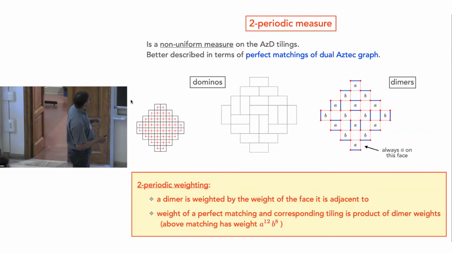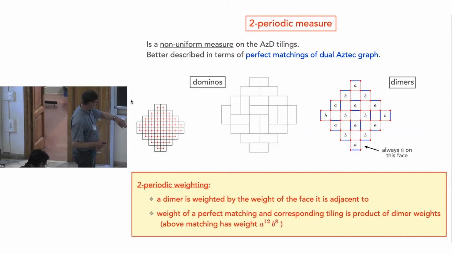Each time you have a domino somewhere, let's say on the top, like here, it will cover exactly two vertices of the dual graph, which you mark as a blue bar, and which you call a dimer. And in this way, a domino tiling is in one-to-one correspondence with a dimer configuration on the dual graph, or what is called a perfect matching.